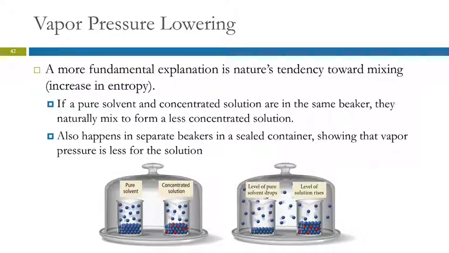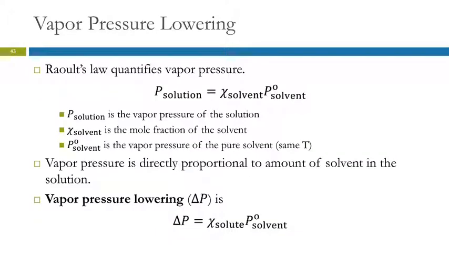The molecules would be switching places, but the levels of water would stay the same. Here we see more water moving into this beaker, more water moving out of that beaker because of the solute. So the presence of a solute causes the vapor pressure to be lower.